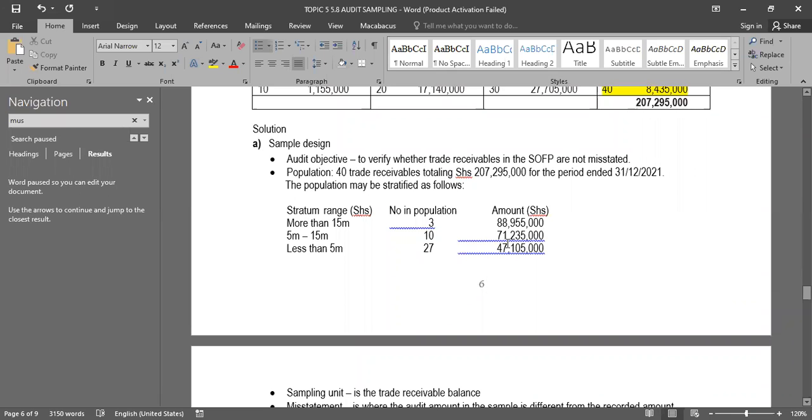That's huge value. You cannot consider taking 47 million and choosing from the 27, yet you have a high value class of 71. So our first 10 will come from this strata of 5 to 10, and then the remaining 6 will come from the second strata. I hope we're together on that one.